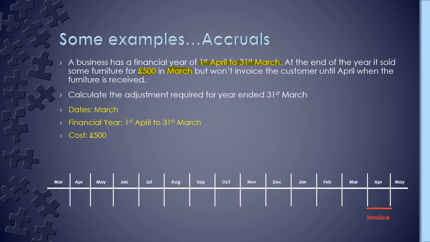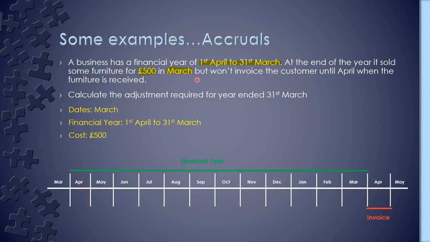So let's have a look at a quick timeline. So here's my timeline, and here is where the invoice will be raised. So we know that it's not going to be recorded into the accounts until April. So our financial year here runs April to the end of March, but that invoice for that £500 isn't going to be raised until April.